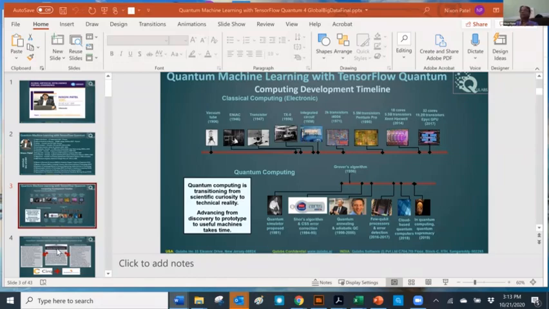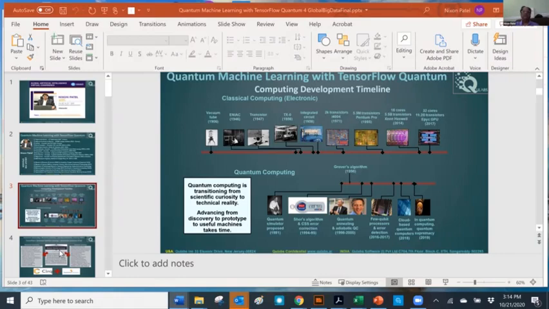So in the next 20 to 25 minutes, let us explore what all this means and how to access this computing paradigm to solve some of the problems for which classical computing has reached a point of saturation. We're going to even see examples of quantum machine learning using frameworks like TensorFlow Quantum and PennyLane, and how that can be put together.